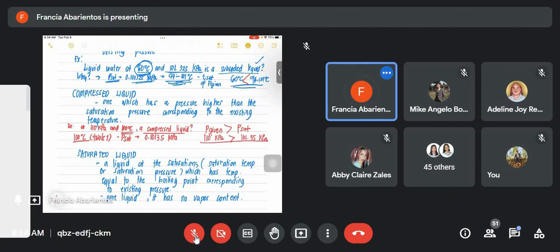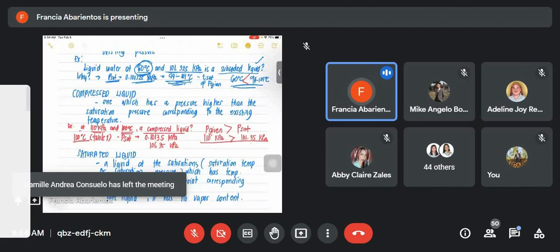Tama ba? Ang given class sa problem is 110. Ma'am, bakit naiba? Convert this, the megapascal, into kilopascal. Times mo by 1,000. So, this is kilopascal.